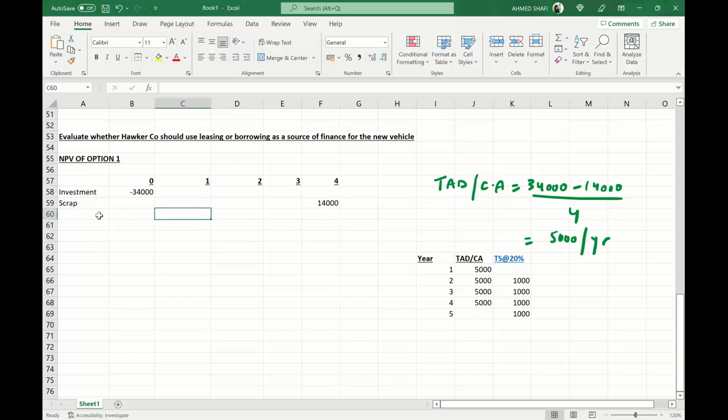So for the capital allowances or TAD, it's every year from year 2 a benefit, 2, 3, 4, and we have to make year 5 as well.